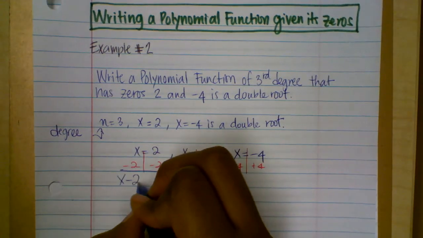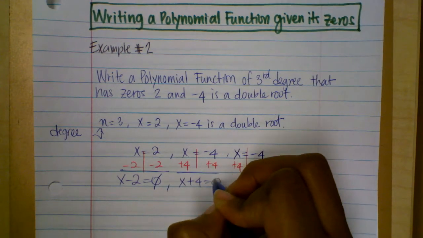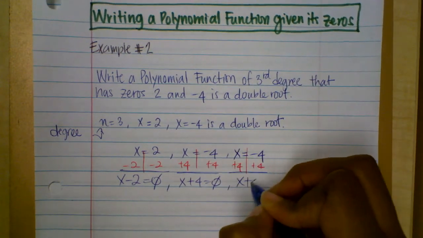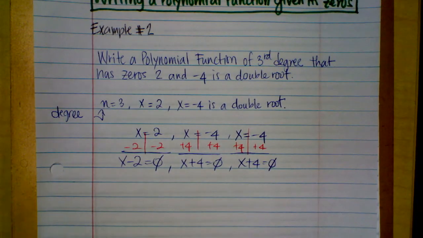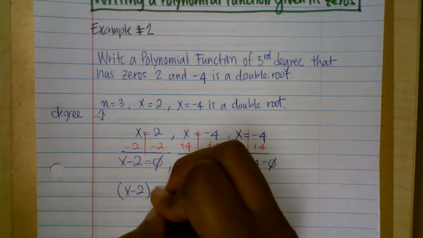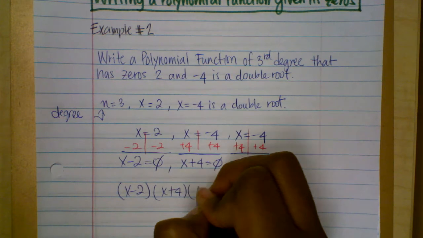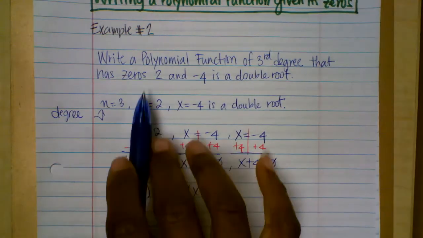So it's x minus 2 equals 0, x plus 4 equals 0, and x plus 4 equals 0. So we have now our 3 factors: x minus 2 times x plus 4 times x plus 4. I don't need to set it equal to 0 because I want a polynomial function.